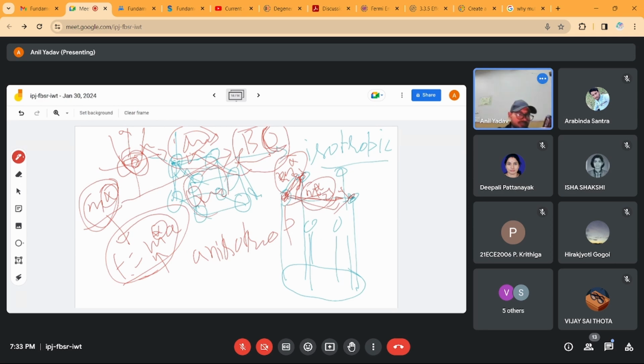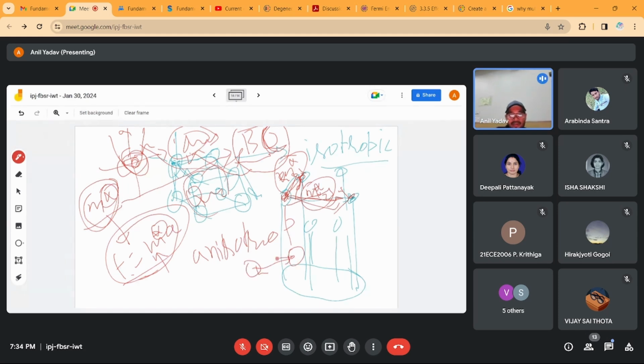Does it vary with time? No, it cannot vary with time, because with time we are not changing the lattice. The atoms here and here will always be here.